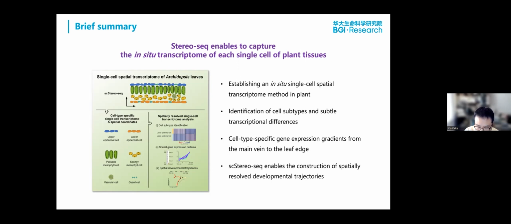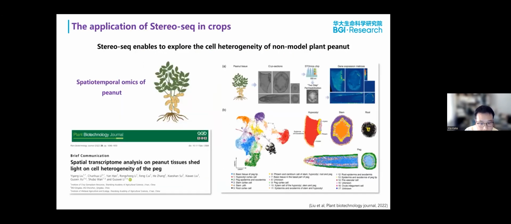STAR-seq enabled the construction of spatially resolved developmental trajectories. Thus, STAR-seq enabled us to capture the in situ transcriptome of each single cell of plant tissues.